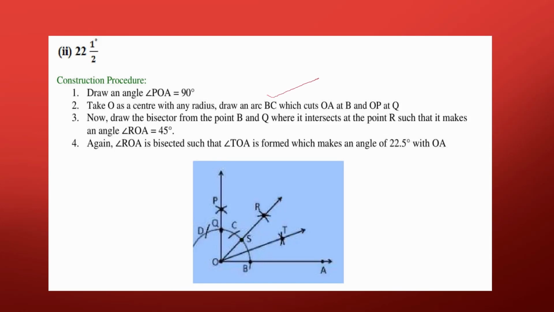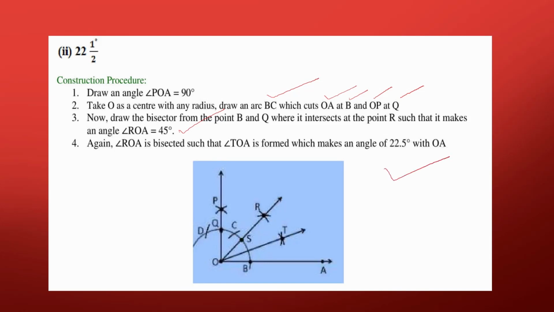Draw an arc BC that cuts OA at B and OP at Q. Now draw the bisector from the points B and Q where it intersects at the point R, such that it makes an angle ROA equal to 45 degrees. Again ROA is bisected such that angle TOA is formed, which makes an angle of 22.5 degrees with OA.